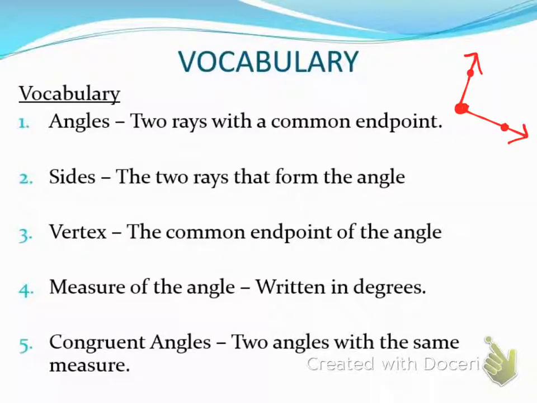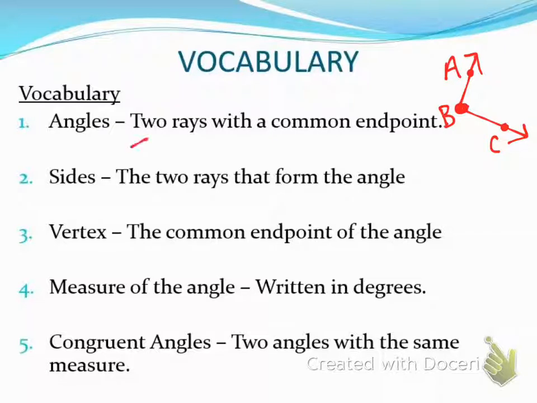I'm going to go ahead and label all of my points. I will call them A, B, and C. We are going to refer back to this diagram for most of the vocab words on this slide. We can name an angle a couple different ways.